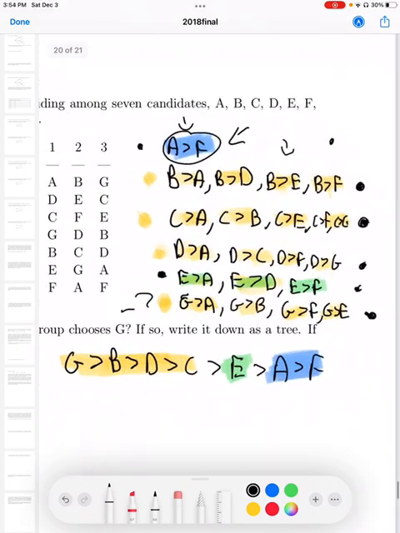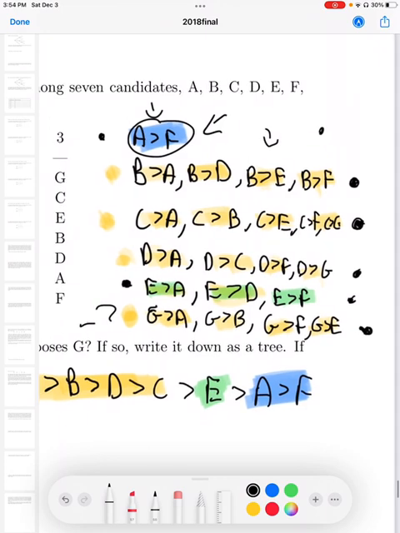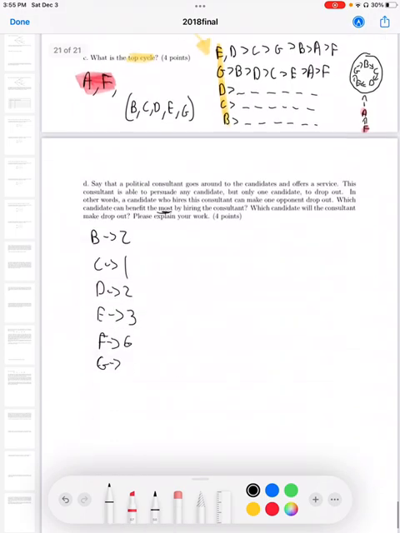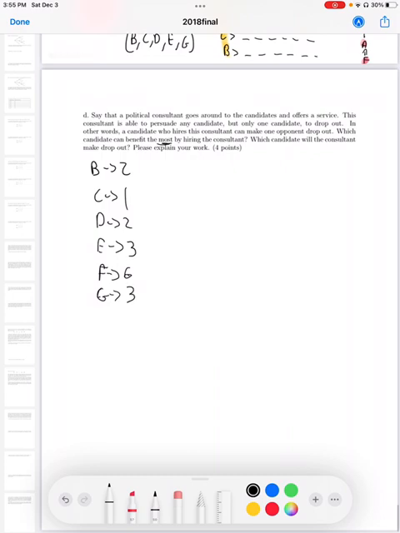G gets dominated by just 1, and then I think here 2. Yeah, C is bigger than G, so by 2 people. Let me write this better. C, G. So they get dominated. G gets dominated by 3 people also.